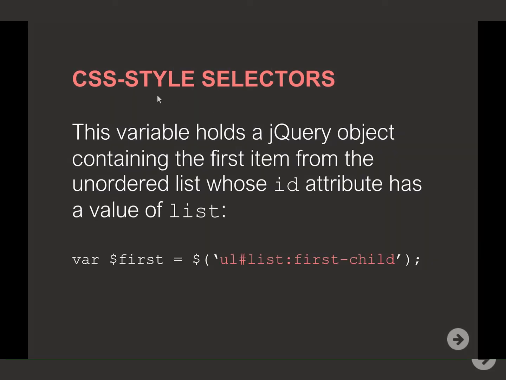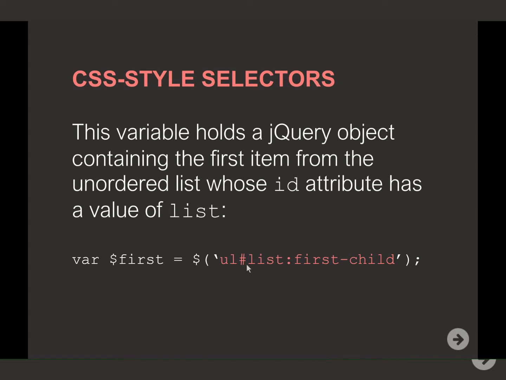So let's look at an even more complicated example for CSS style selectors. The definition for the jQuery object is var $first. So $first is the name of the jQuery object, and then we perform jQuery to retrieve the elements to save into this jQuery variable.